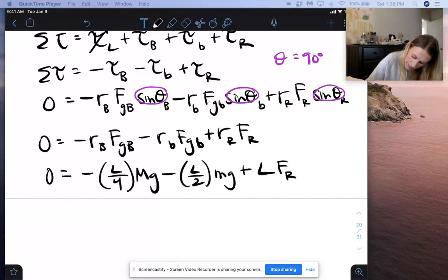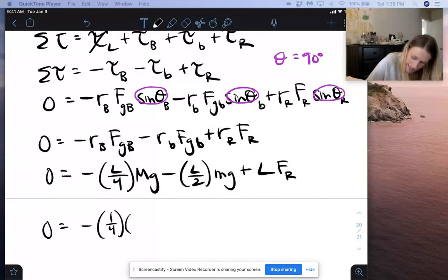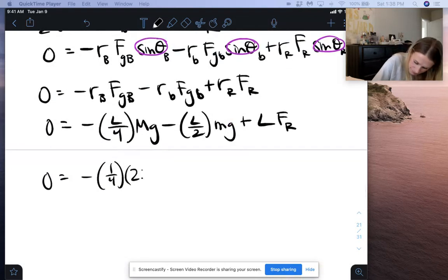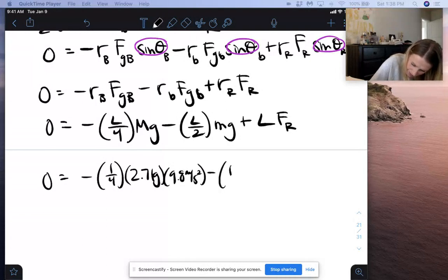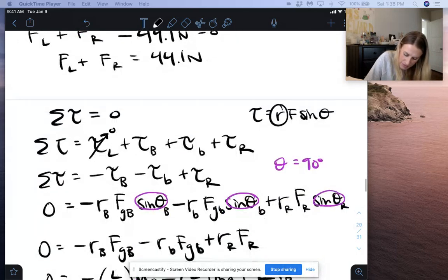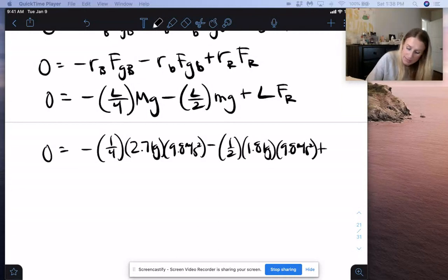So we end up getting 0 equals negative 1/4 times big M, the mass of the block, which was 2.7 kilograms, times g, 9.8 meters per second squared, minus 1/2 times little m, the mass of the beam, which was 1.8 kilograms, times 9.8 meters per second squared, plus 1 times the force right.